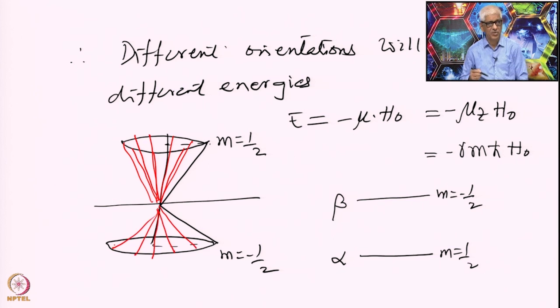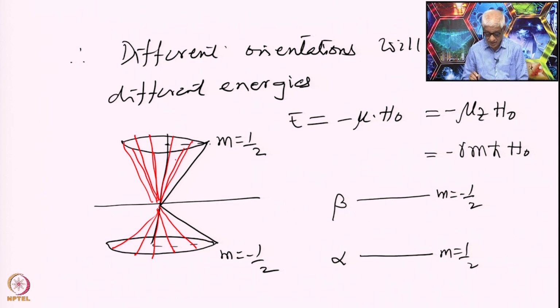So, if I have an ensemble of spins in the solution, we have a larger number of spins. The molecules have millions and trillions, you have 10 to the power 19, 10 to the power 20, and if you take a molar sample you have 10 to the power 23 kind of numbers, that many spins are there. And where are they located? You cannot change the orientation with respect to the z axis, that orientation remains the same.